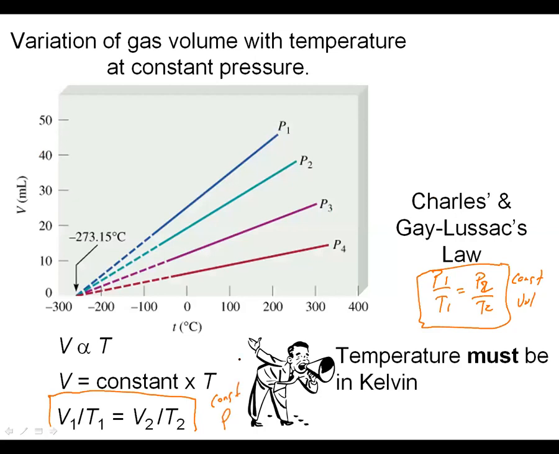The important part is if you take any gas, no matter what gas it is, and if you do a graph of volume versus temperature, and you extend that line back to the temperature, every single gas hits the exact same number, and that's minus 273.15 degrees Celsius.